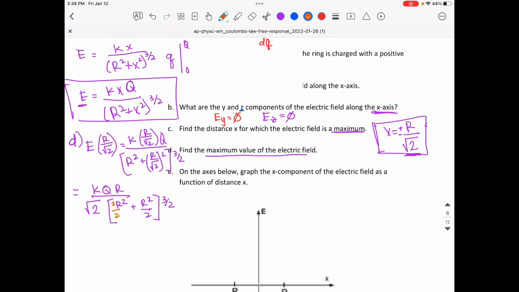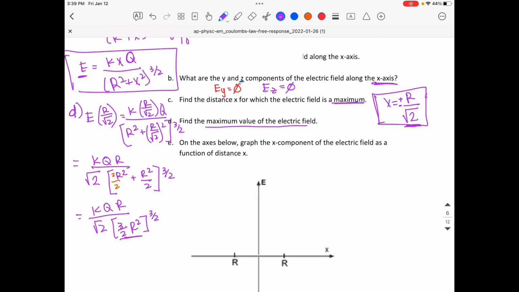And I end up with KQR over root 2 times 3 over 2 R squared to the 3/2. To take 2 of the root 2's inside the expression and pull it out, I'm going to take root 2, and then I'm going to multiply 3/2 R squared, because that's 2 of the square roots being pulled out.